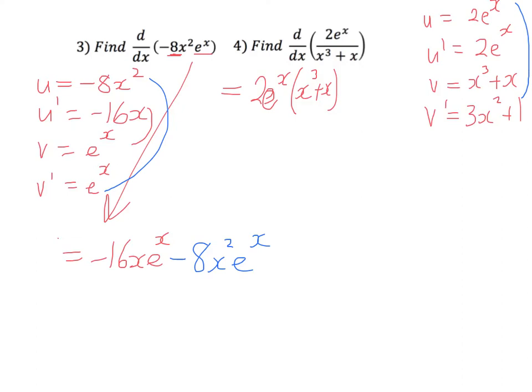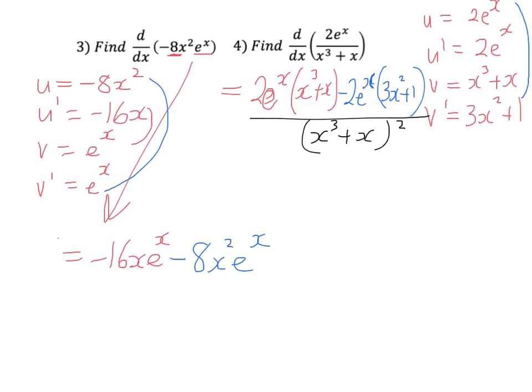I don't really have room for this. I might see if I can squeeze it in. So minus 2e to the x outside of 3x squared plus 1 all over v squared. So x cubed plus x squared.